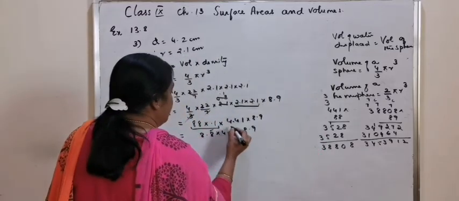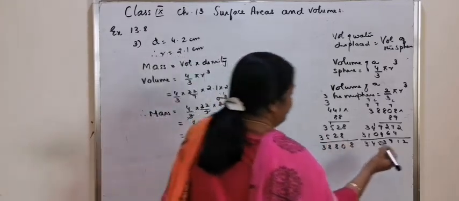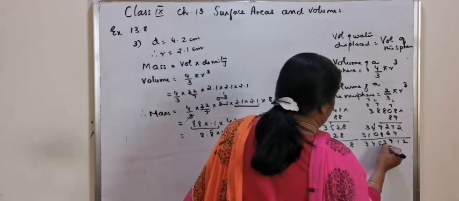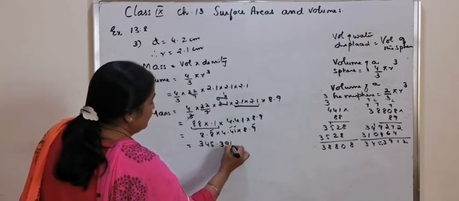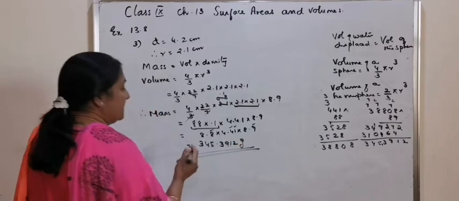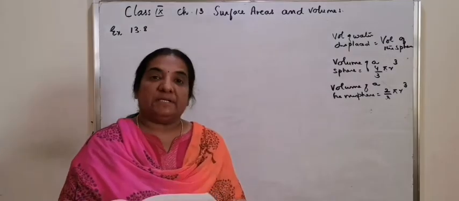Decimal place 1, 2, 3, 4. It is the same as 345.3912 gram approximately.